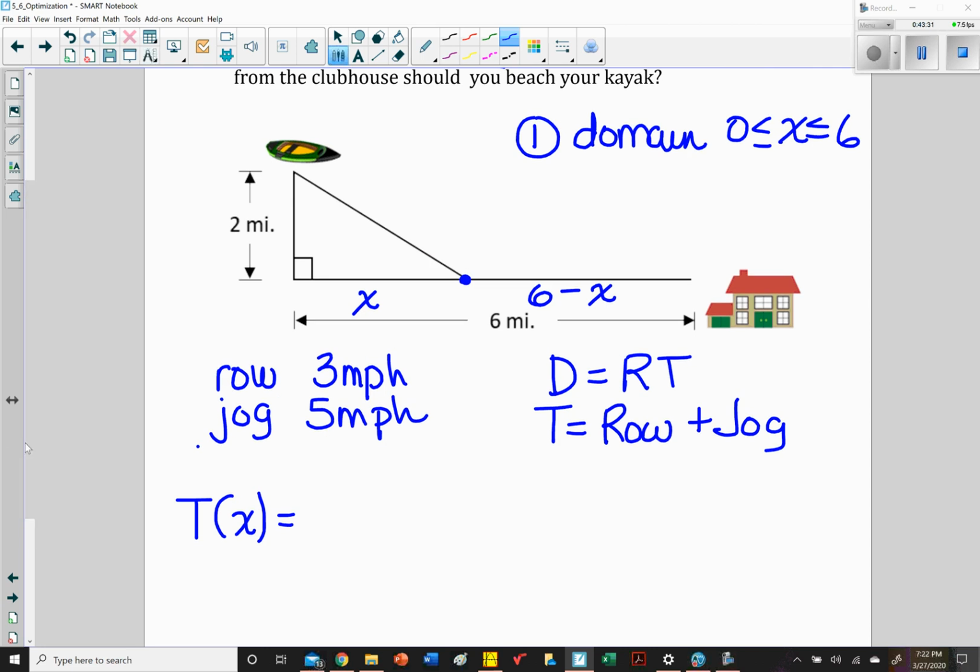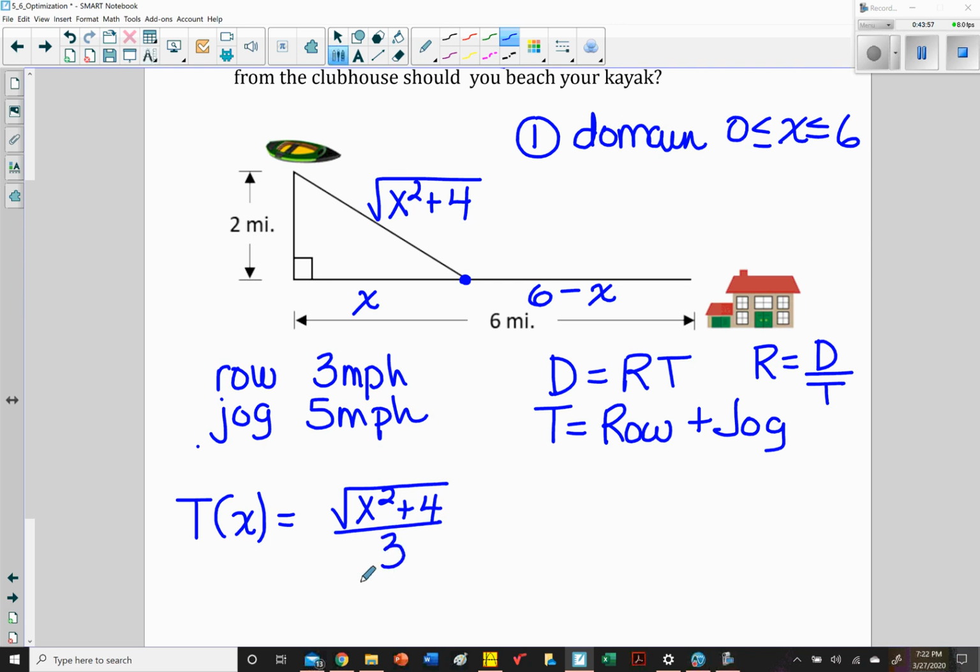Let's see, what do we know? 2 squared plus X squared is the hypotenuse, right? X squared plus 4. So we have the square root of X squared plus 4 for the rowing distance over time.